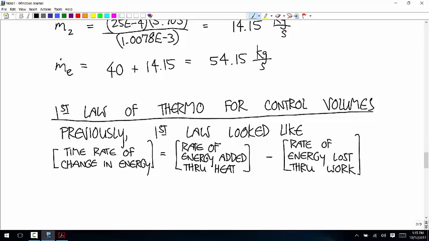And this is the form if you're looking at a specific amount of material, a specific blob of particles.